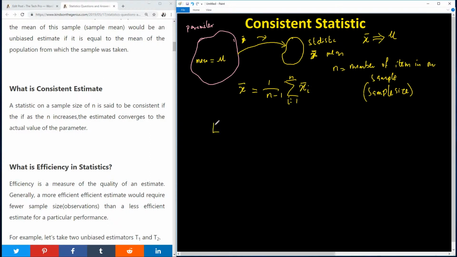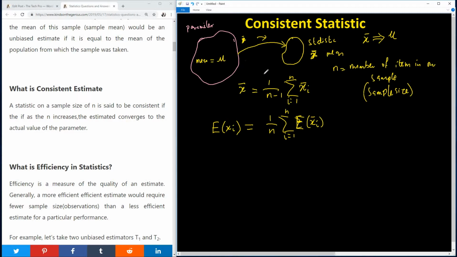So the expected value of x_i is equal to 1 over n times the sum from i equals 1 to n of the expected value of x_i, of the mean of the samples.